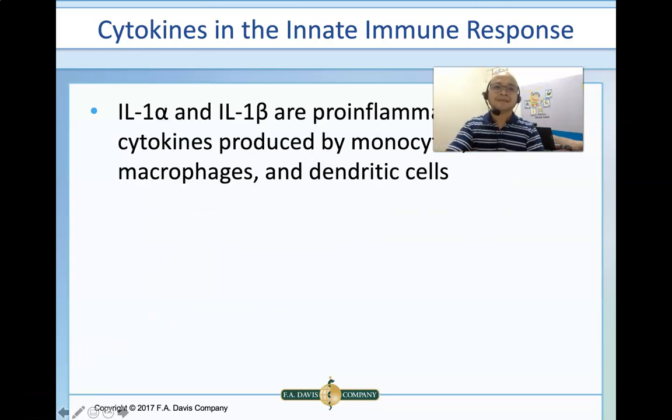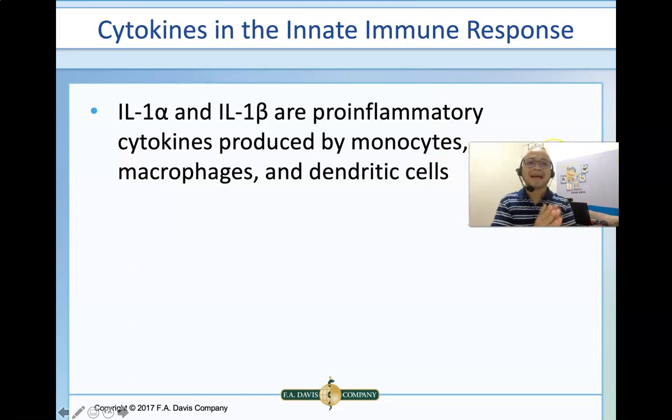Both interleukin 1 alpha and beta may be considered pro-inflammatory cytokines, which means that they mediate the inflammatory response. They are produced primarily by monocytes, macrophages, and dendritic cells. What are the common denominators of these cells? These cells are all considered APCs, or antigen-presenting cells.